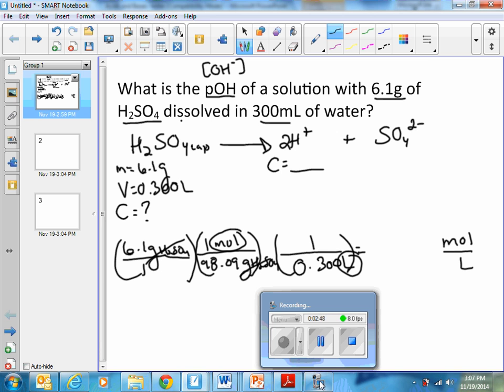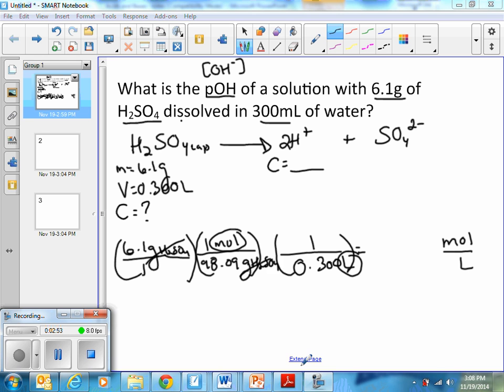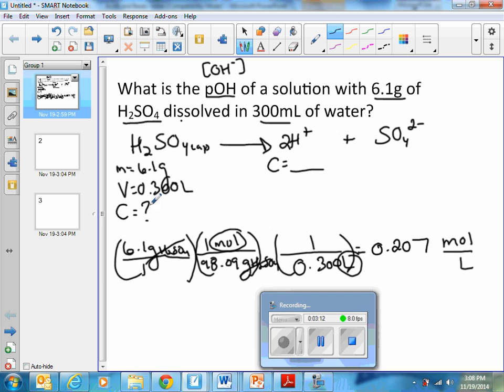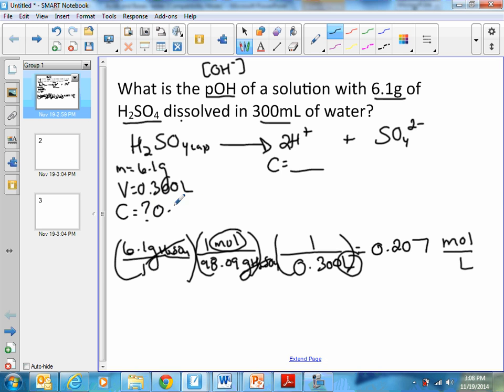And we'll enter this in your calculator just like that with all of your brackets. 1 times 1 over 98.09 times 1 divided by 0.3, and we get 0.207 moles per liter. So remember, this is the concentration of my solute. I'm trying to find the concentration of hydrogen. So if we're looking for the concentration of an ion, we have to use the mole ratio.